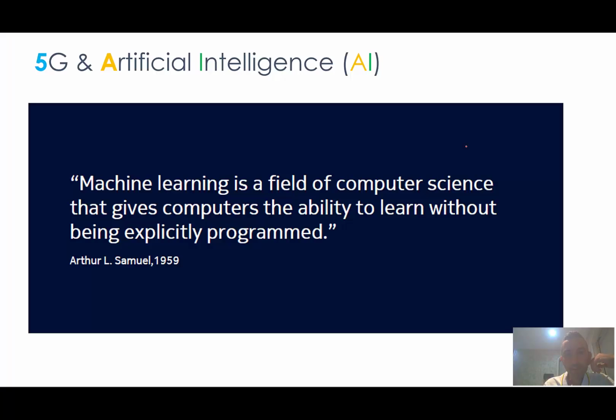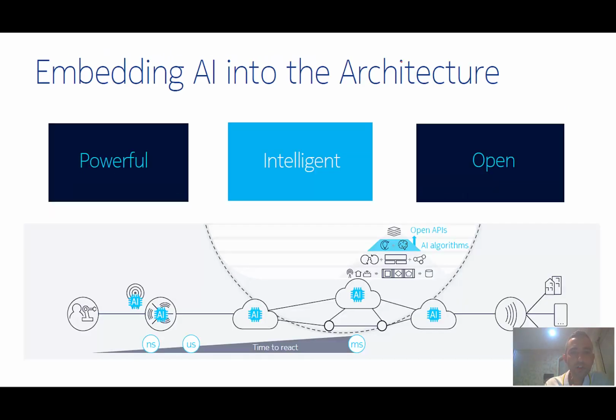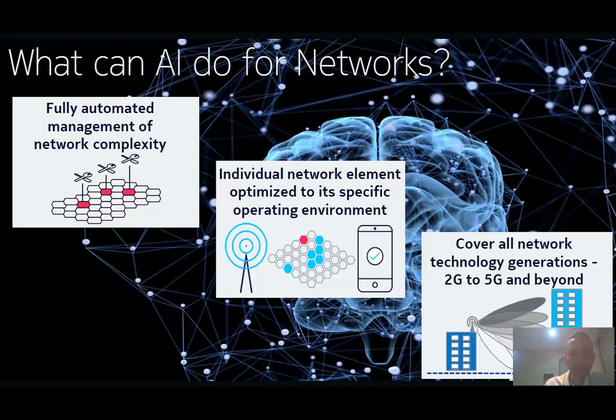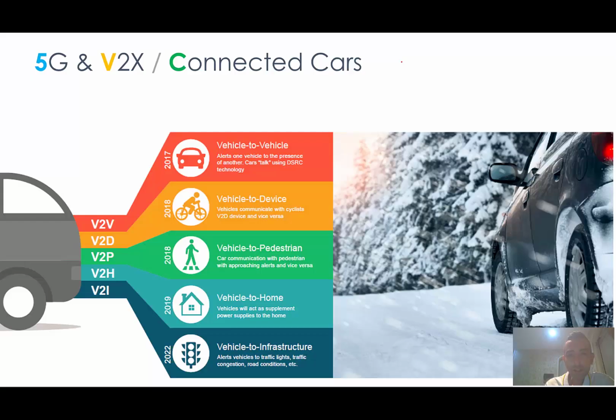Okay. Also, we have AI. You can see we have artificial intelligence and machine learning in any field. Also in 5G, for automated management of the network, and also some other things that I told you, like optimizing the slices and so on.